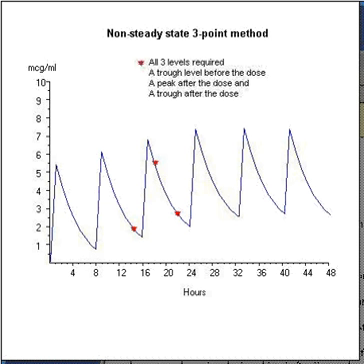This method is probably underutilized, and it's very useful for those patients who have a lot of changes in their dosing regimen and they're not at steady state, and you need to get a snapshot of their kinetics, and this works great for that.